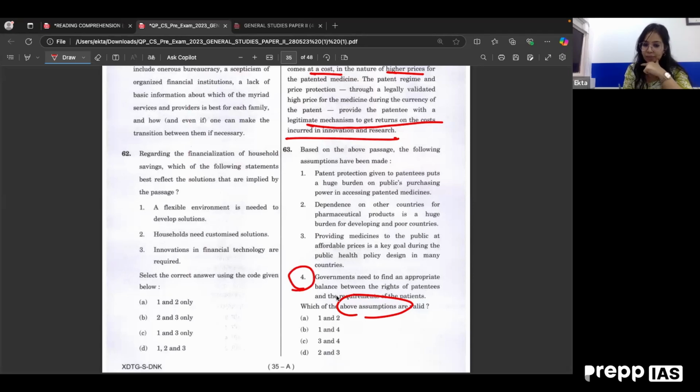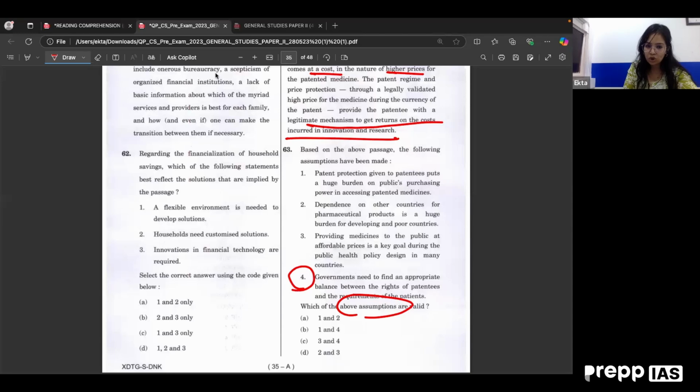Governments, they need to find an appropriate balance between the rights of patentees and the requirements of the patients. Okay? क्या ये assumption author के mind में है? Maybe I can say yes. Why? Because he's talking about that higher prices, okay, from the point of view of the patients, and from the point of view of patentee, he's talking about the R&D cost, right? So in fact, we can say that author किसी एक के side में bent नहीं है, right?